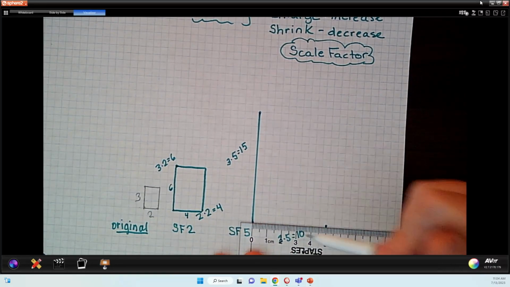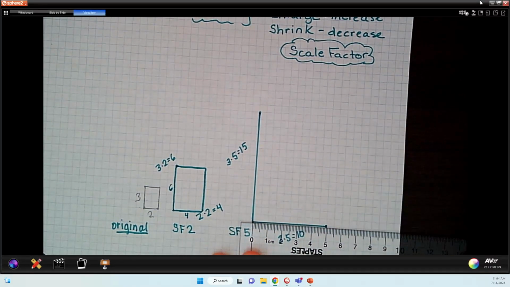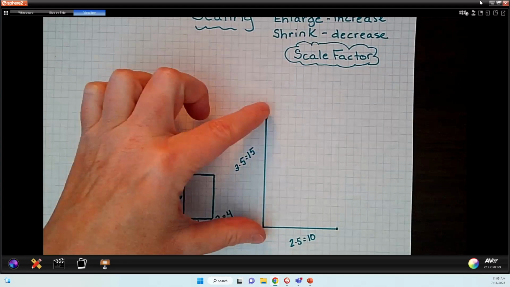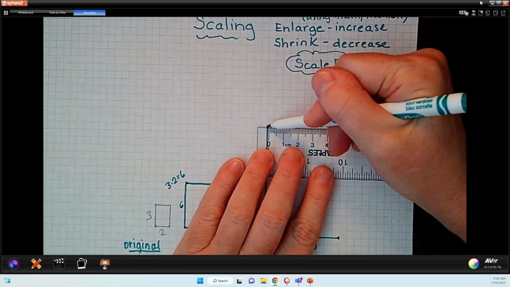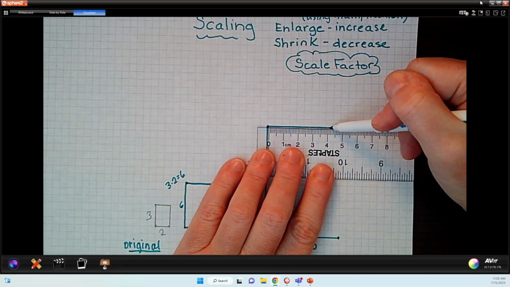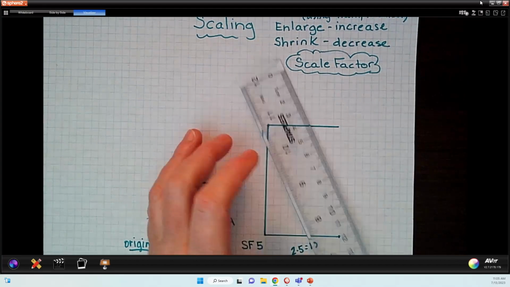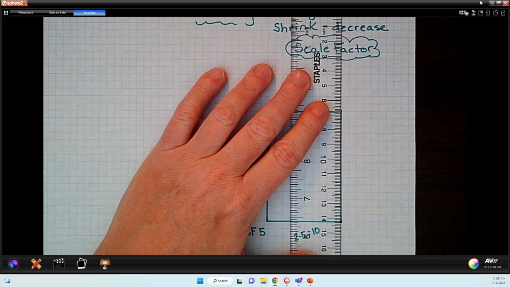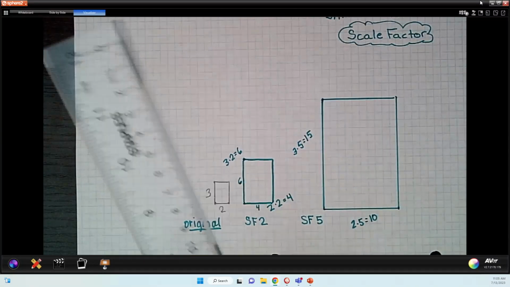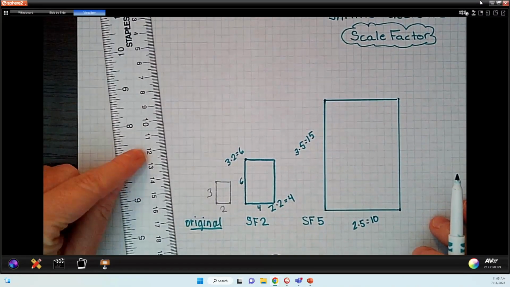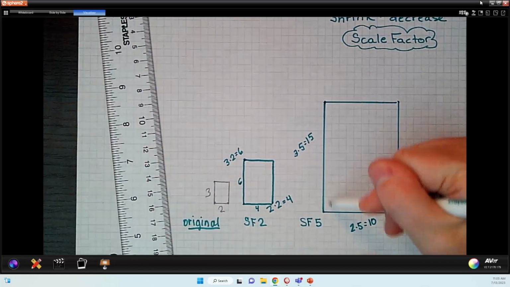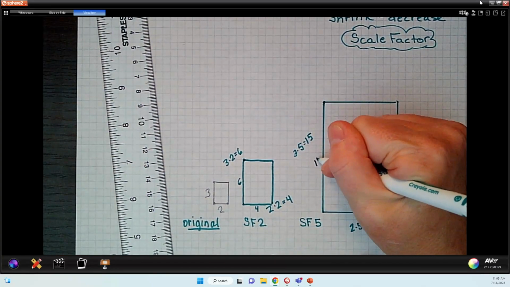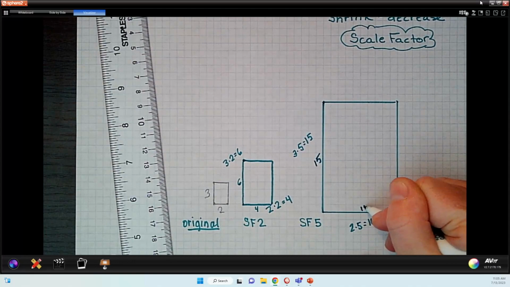Again, those are interchangeable terms. I like to refer to this as base and height. I'm going to do the same thing on the other side, being careful to line it up. Accuracy is very important with this unit, so encourage your students to use a ruler. So I have my new dimensions, 15 by 10.